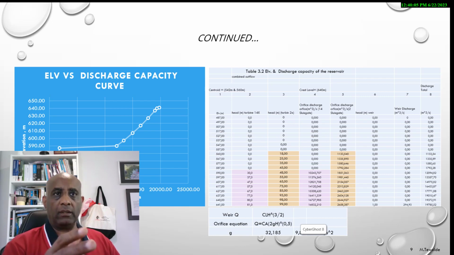The main thing here is the calculation steps to arrive at the right estimation. We can say it's an estimation hydrology.